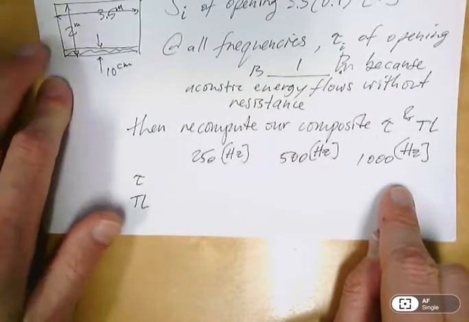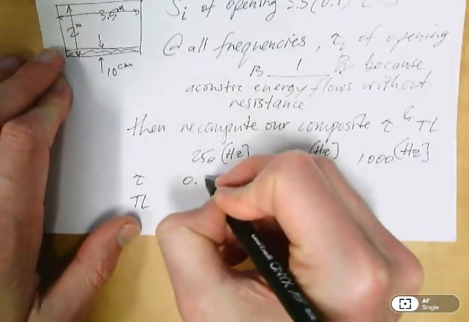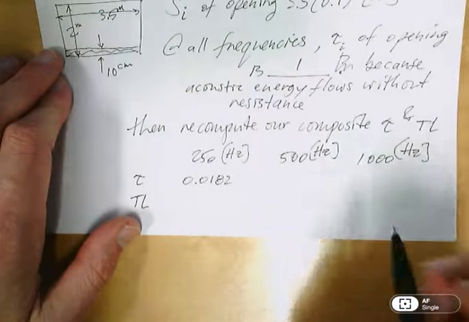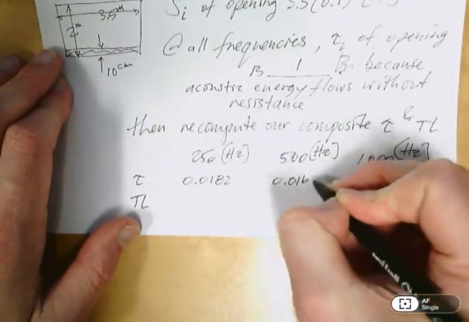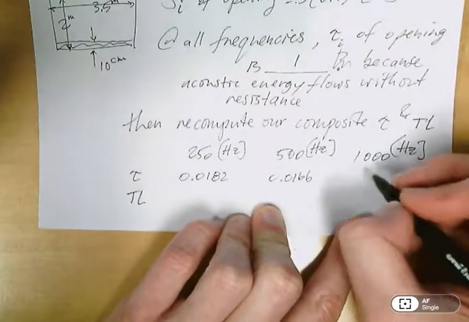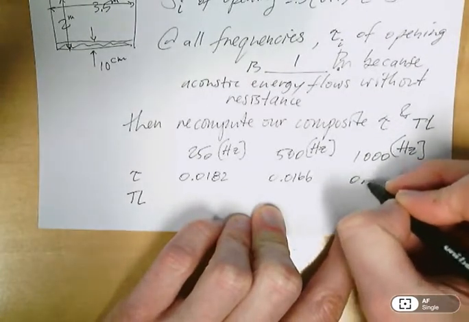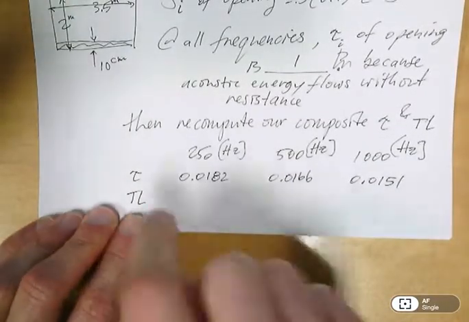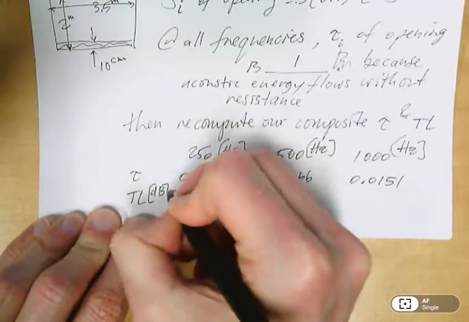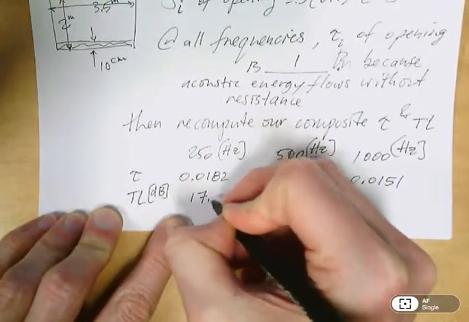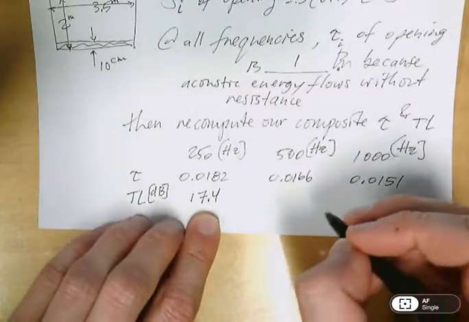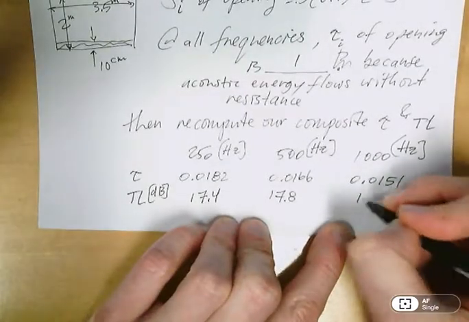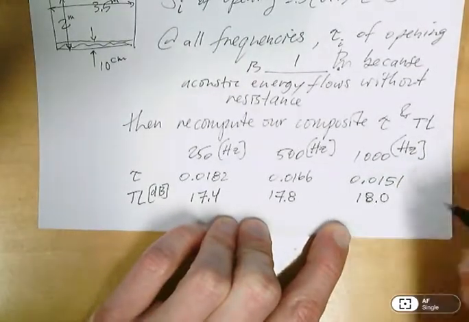So we'll find that our tau is 0.0182 in the 250 Hz band, in the 500 0.0166, and in the 1000 0.0151, which lead to transmission loss values in decibels of 17.4 dB in the 250 Hz octave band, 17.8 in the 500, and 18.0 in the 1000 Hz octave band.